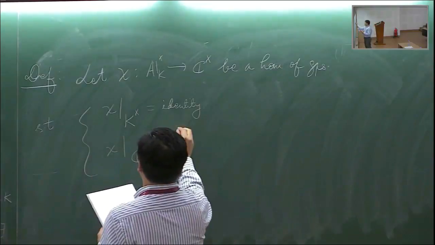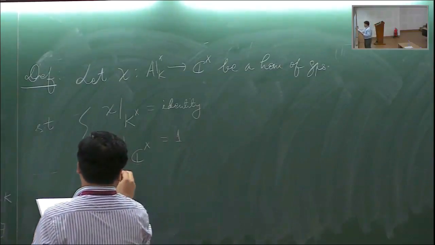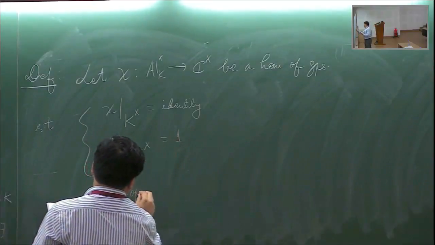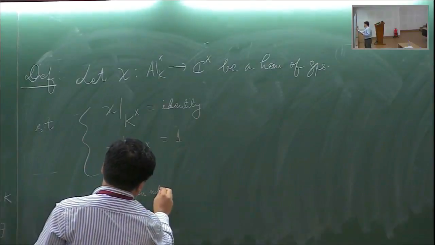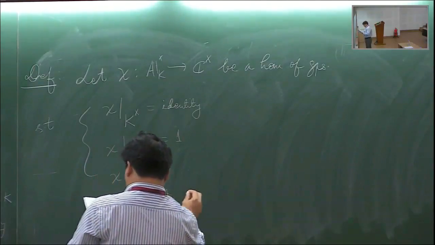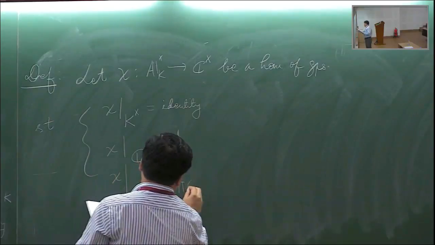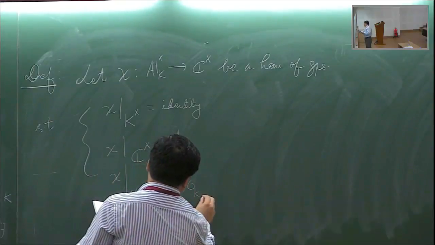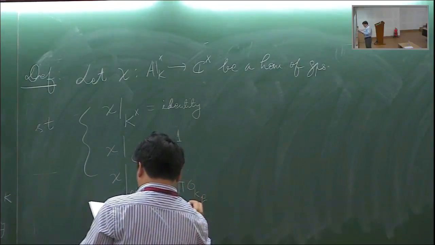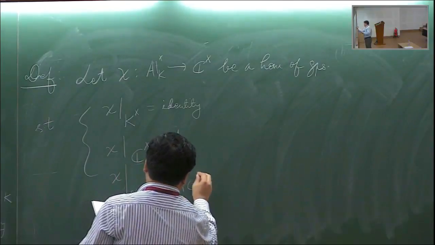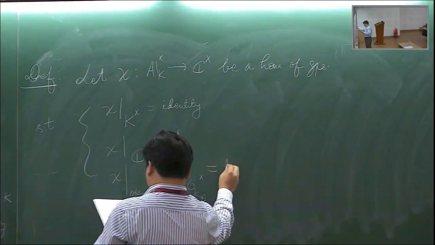This is 1, and chi on an open subgroup of this product of OKP star is also equal to 1.